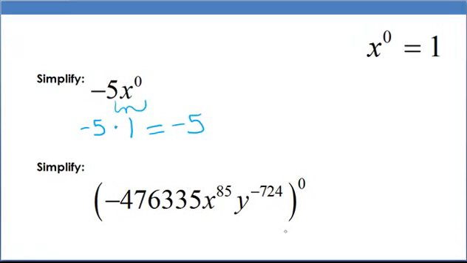It looks really hard. That's very complicated on the inside. But what you want to notice is the 0 is beside the parentheses, so it applies to the entire thing. So by definition, this is equal to 1. You really don't have to do anything. It is something to the 0 power, so it is equal to 1.